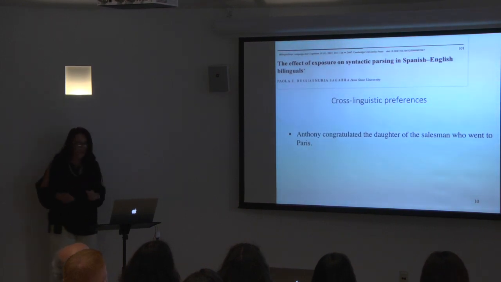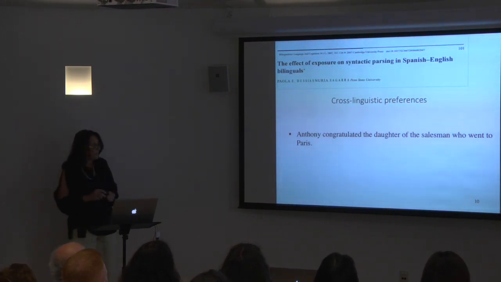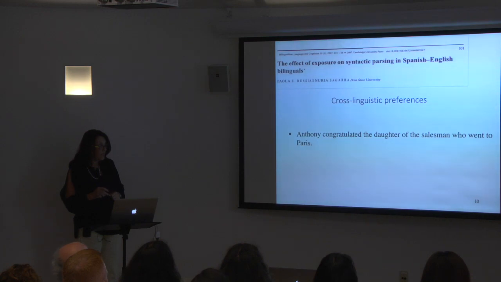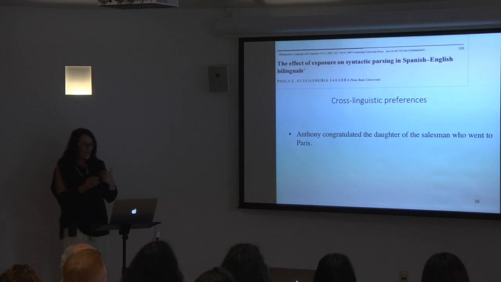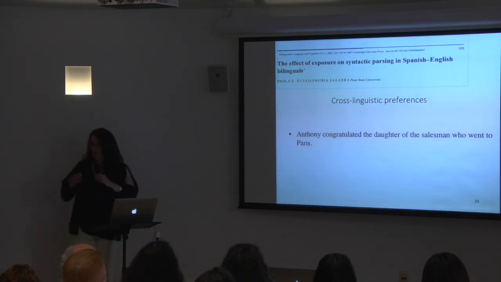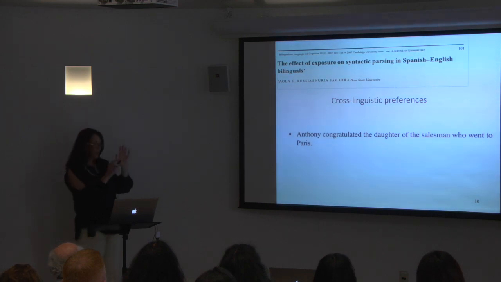In Spanish and English, this particular sentence, Anthony congratulated the daughter of the salesman who went to Paris, has exactly the same word order in Spanish and in English. But interestingly, the interpretation of the sentence is not the same. So let me just explain to you why.